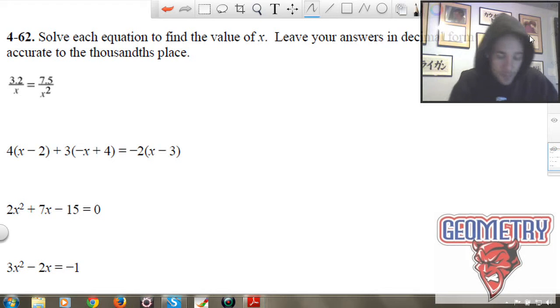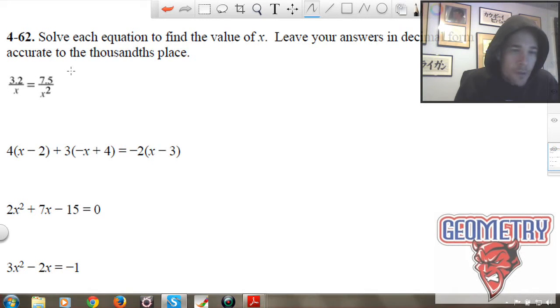Let's see. This first one here, we're going to cross multiply to solve it out. So we have 3.2x squared equals 7.5x. So let's cross multiply, right? 3.2x squared equals 7.5x. I'm going to divide both sides by x, which means this one disappears, and this one just turns into an x.